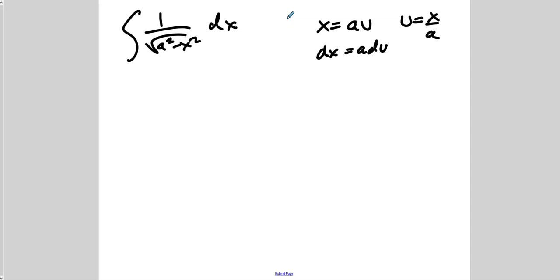And then when we do our substitution, we get 1 over the square root of a squared minus a squared u squared du.